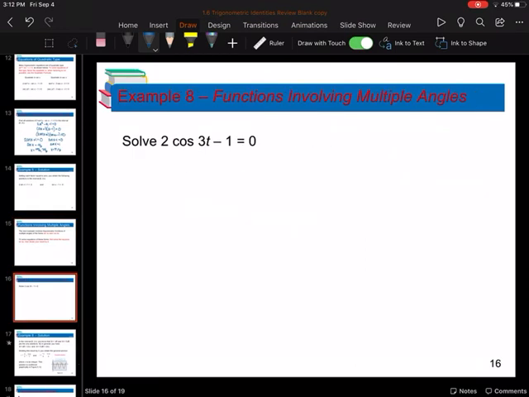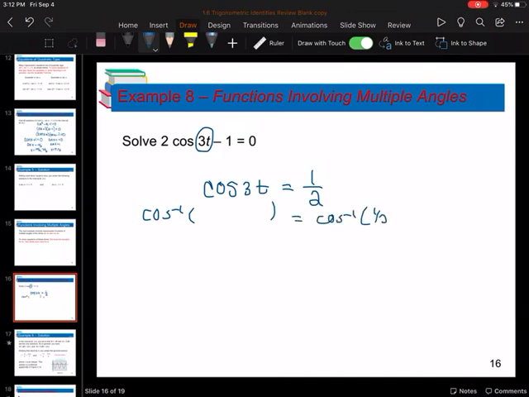We can also do it where there's a multiplier on our angles. So we're going to once again isolate cosine. So we're going to add 1, divide by 2. And then it's kind of like taking the inverse cosine of both sides. So the inverse cosine of 1/2 is pi thirds.